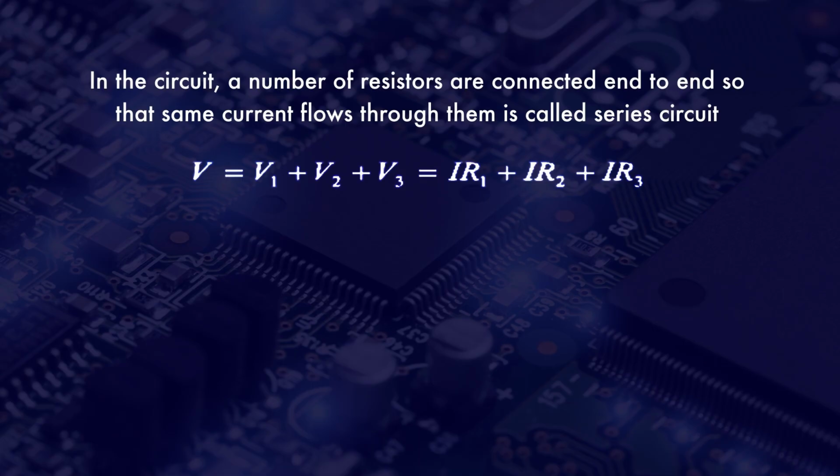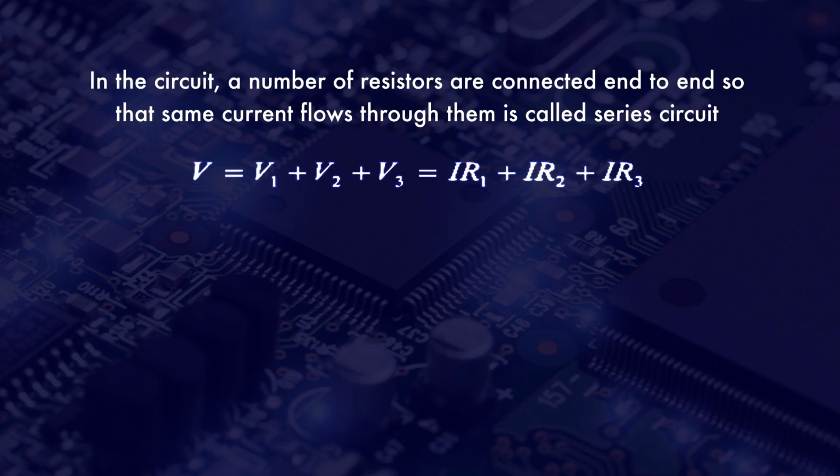And what will be the value of V2 across resistance R2? It is I into R2. Similarly, the voltage drop across resistance R3 is I into R3. So total voltage applied across this series circuit, V equal to V1 plus V2 plus V3, is equal to IR1 plus IR2 plus IR3.